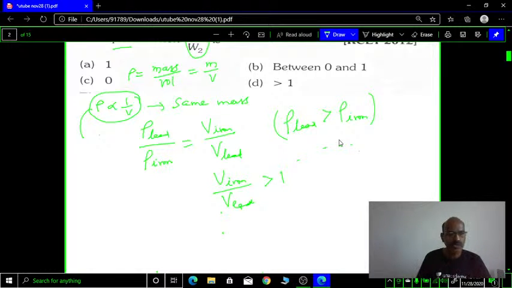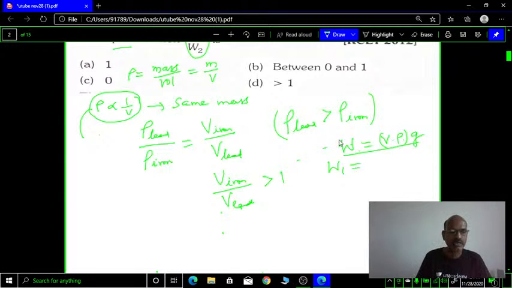So we can use even the laws of flotation. W equals m into g, and m is volume into density, so W equals volume into density into g. Use these laws of flotation.